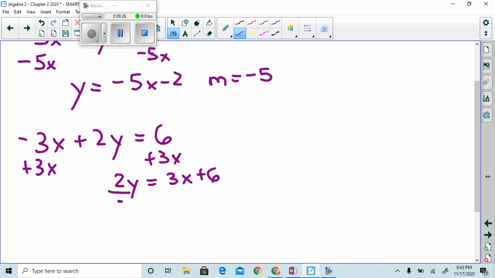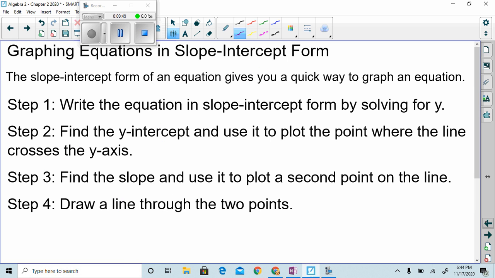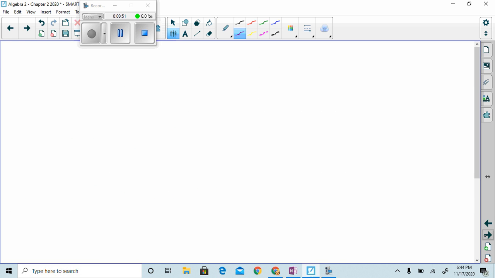Let's divide all three terms by 2. Y is equal to 3/2 x plus 3. Slope of this line, m is equal to 3/2. So there'll be times when you have to rewrite your equation before you can compare the slopes or even just identify the slopes. And once again, you may be given two sets of points.